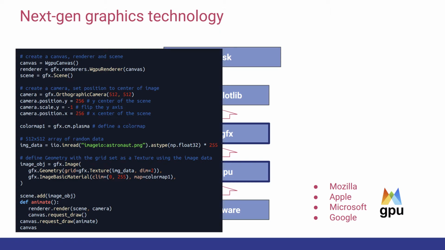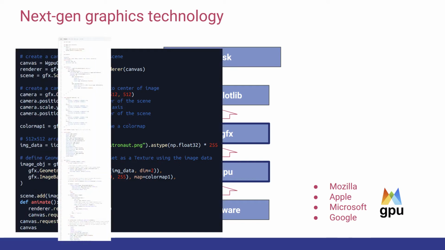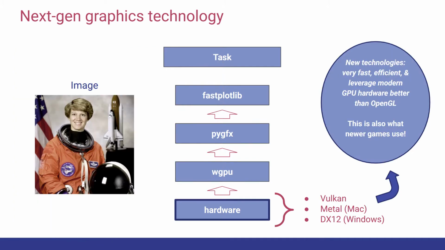You could imagine as your visualizations become more and more complex, this would become even more difficult and honestly tedious, and not really what the goal of what you're trying to accomplish is. And even lower than that, to do this in WGPU, at more of the hardware level of code, it would take several hundred lines of code, which is ridiculous.